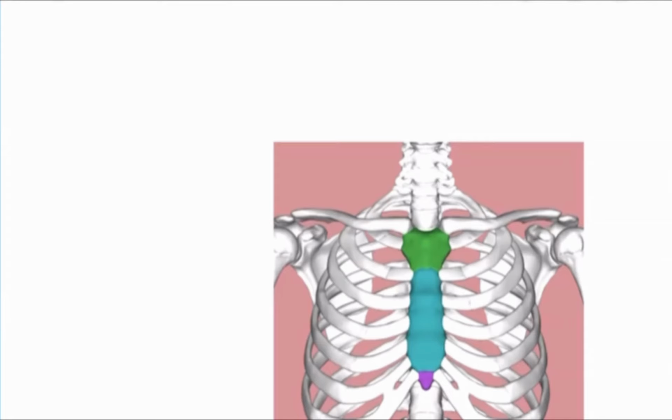What I'm showing you guys right now is called the sternum, and the sternum has three parts to it, as you can see right there in the different colored sections. So the top part is called the manubrium.